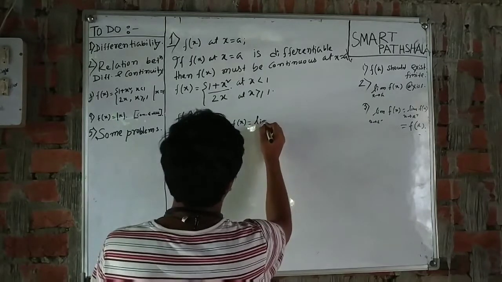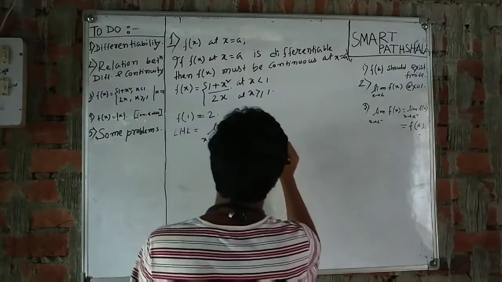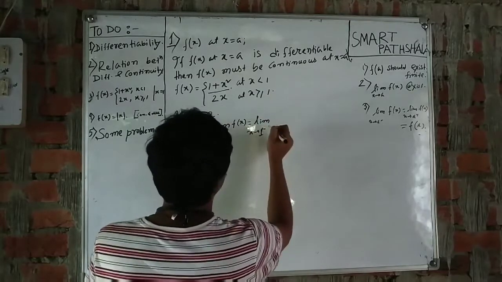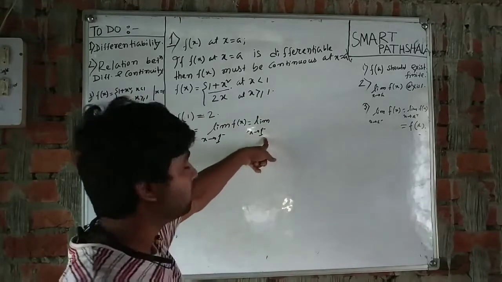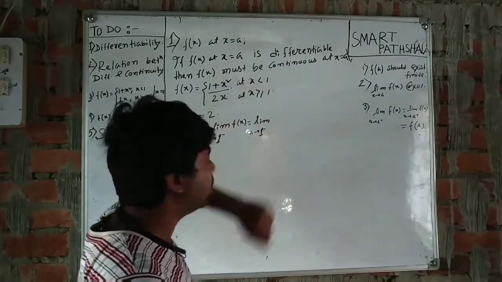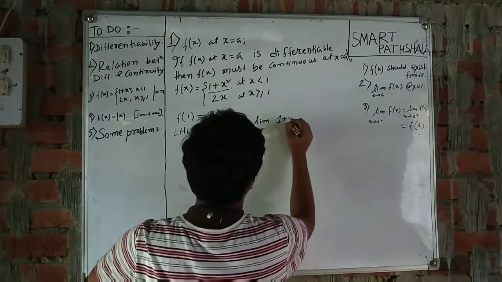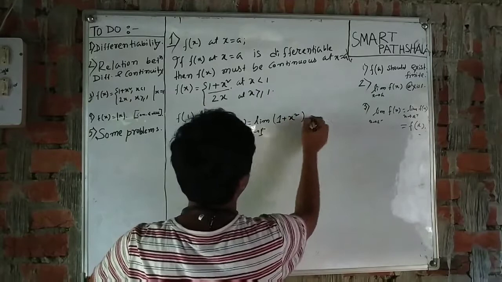If x is tending towards 1 from the left side, which means x is obviously less than 1, we can write it as 1 plus x square.